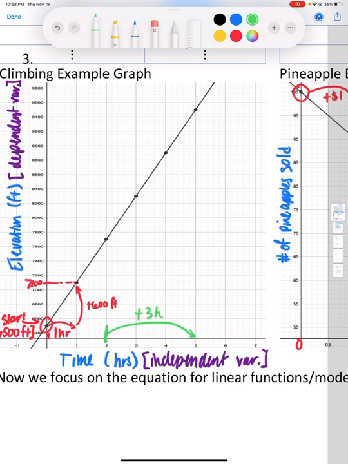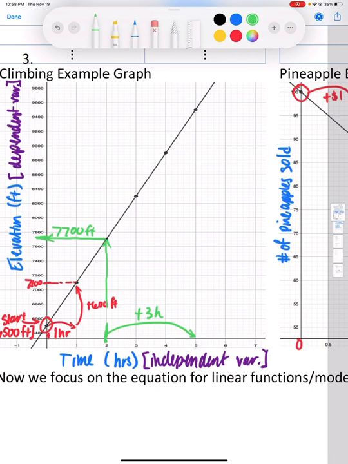Now what happened to the change in the dependent variable, our elevation? We can go up to our curve here and go over until we hit the curve, and then go to the left to see what our elevation is when we started. The elevation started at 7,700.